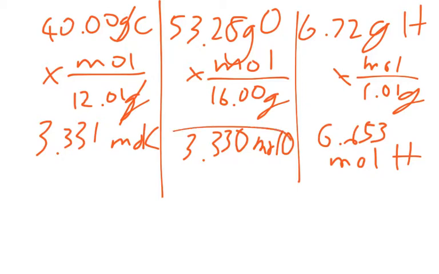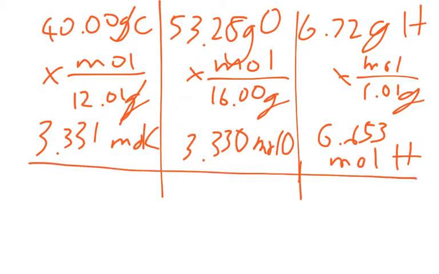So in this case, our smallest number is 3.330. So let's just divide all the moles by 3.330 in order to get our simplified ratio. So if we divide 3.330 by 3.330, we get 1.0.